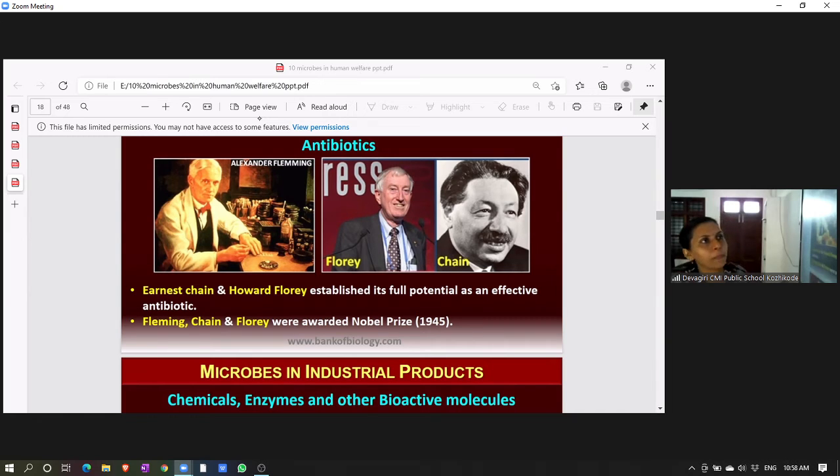So not only penicillin, we have n number of antibiotics available in the market. Children, just type one or two antibiotic names, at least a few examples.